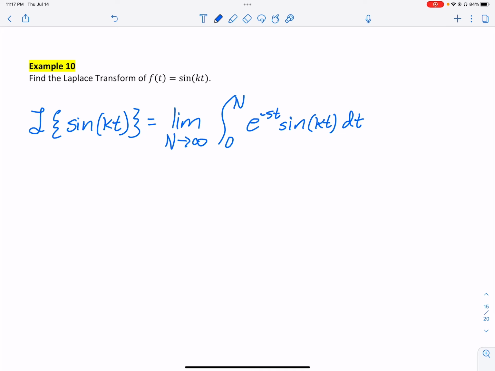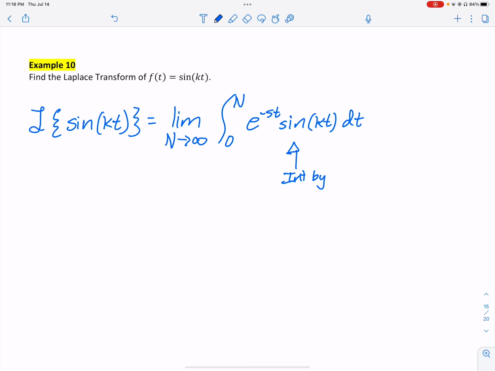So I want you guys to just trust me on this one. I'm going to save us some time here. So this one works out. We use integration by parts. So I'm just going to write that in here. I won't ask you to do this kind on a test, just because it's quite a bit.